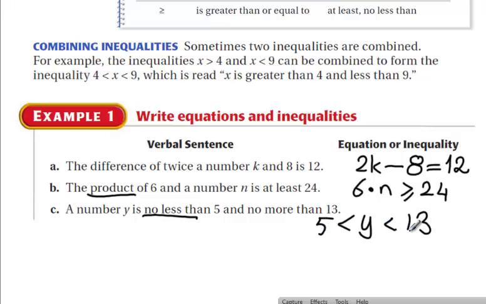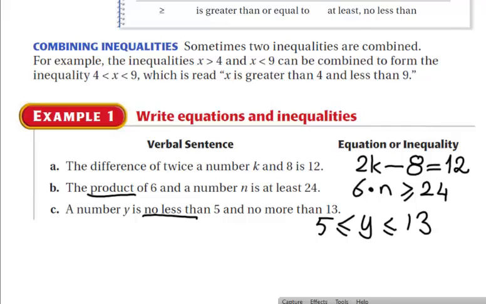So it's between 5 and 13, but do we know that they're equal? No less than means it can be equal to 5, so we are going to put less than or equal to. No more than 13 means it can be 13 but not more. Basically we have less than or equal to on both sides of y. So these are the equations and inequalities converted from verbal sentences.